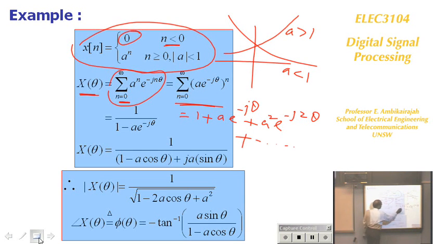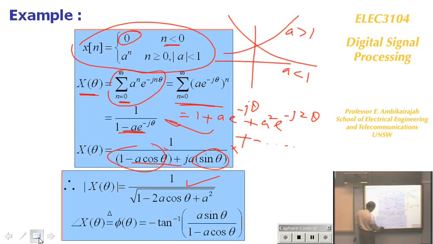If you take the summation of that, you get 1 over 1 minus a e to the minus j theta. If you want to expand this one, you expand in this form. If you want to get the magnitude response, that's taking the real part and imaginary part of the complex number, and the magnitude response is that. If you want to get the phase response, you need to multiply by the complex conjugate up and down, and then work it out.